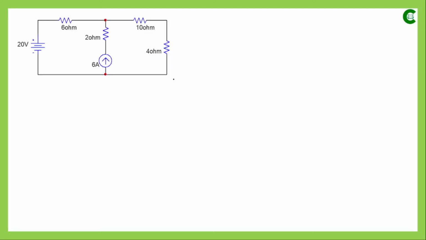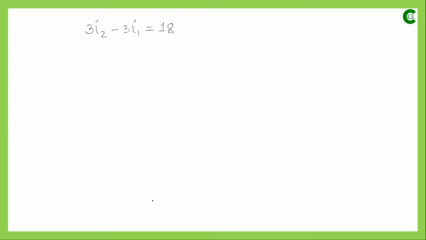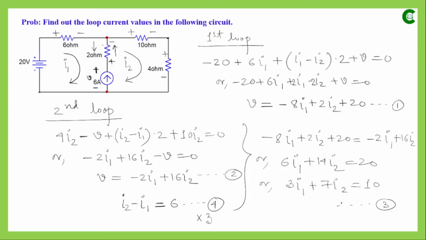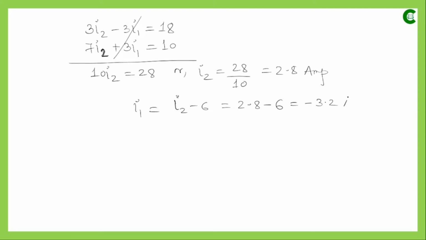And we already have the equation 3I1 plus 7I2 equal to 10. So I2 will be equal to 28 divided by 10, which is equal to 2.8 ampere. So I1 is 2.8 minus 6, so it will be minus 3.2 ampere.